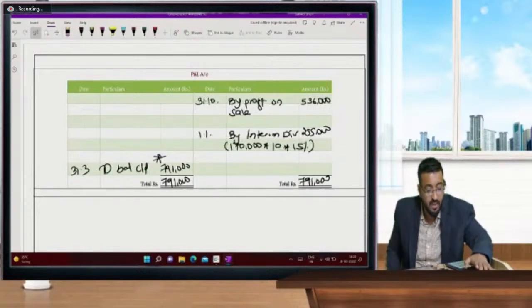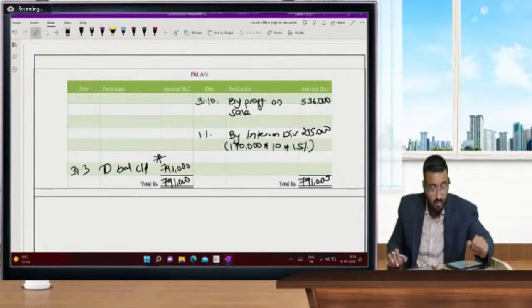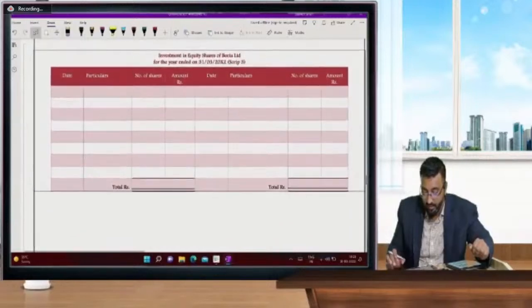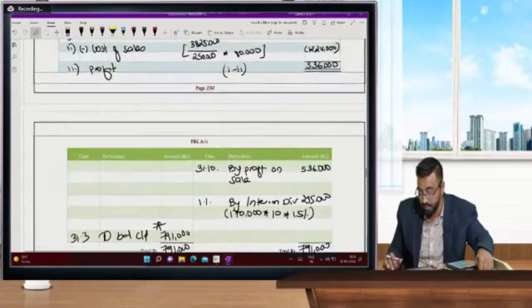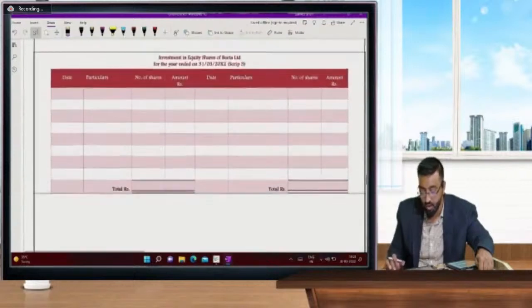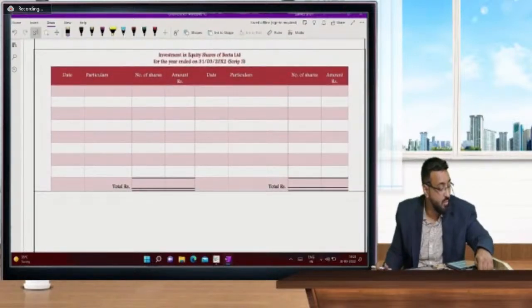So after break, many concepts. Yes. Last one is Beta Limited. Very good, beta. Very good. You are doing it with me means you are matching my speed. Chalo last one investment. Chalo draw karo wapas.